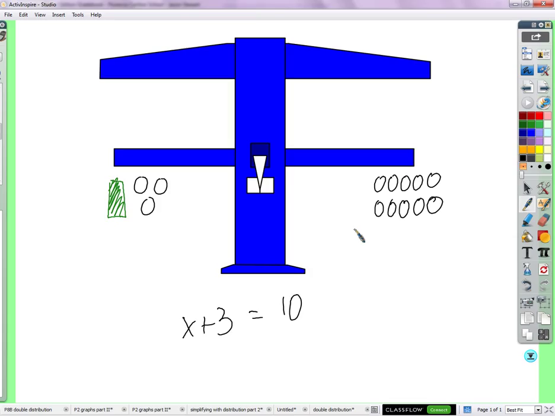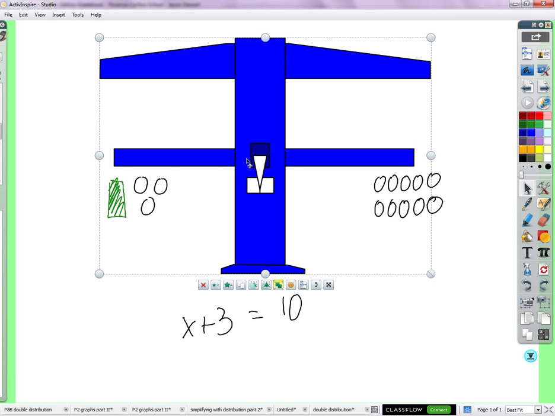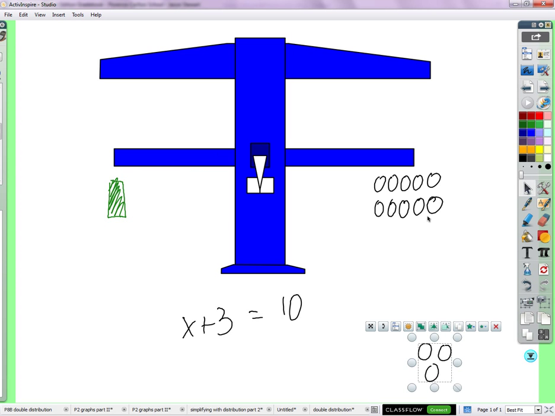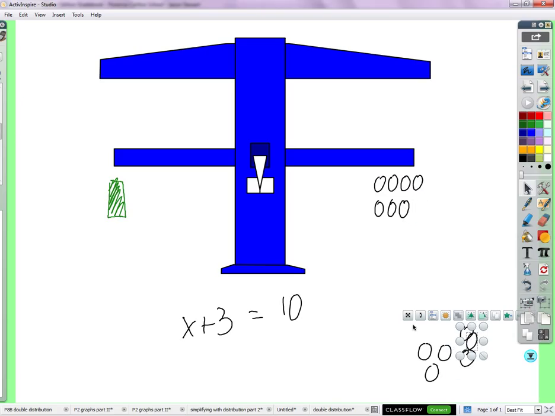So x plus 3 equals 10, represented as this scale where we took, so I take these off of this side, and I take 3 off of this side as well, and now I know that that container must be worth how many? 7. Pretty straightforward.